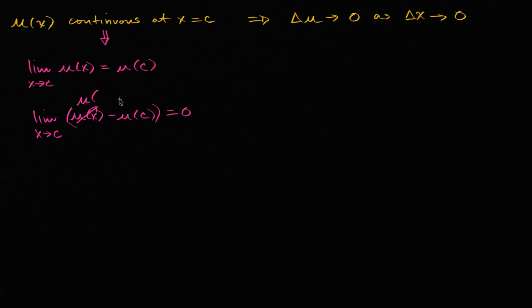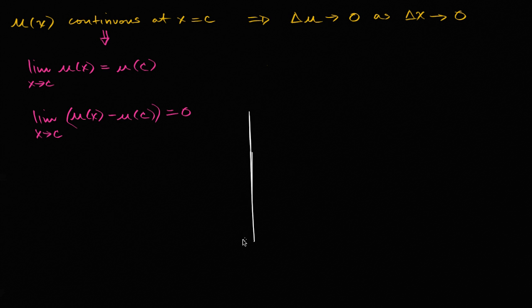So hopefully you don't feel like it's too much of a stretch, and you can just subtract u of c from both sides and apply properties of limits, and you can get this result as well. But this is interesting, because this essentially can take us to the idea that as our change in x gets smaller and smaller and smaller as it approaches 0, then our change in our function is also going to approach 0. And let's graph this or visualize this to get a sense of that.